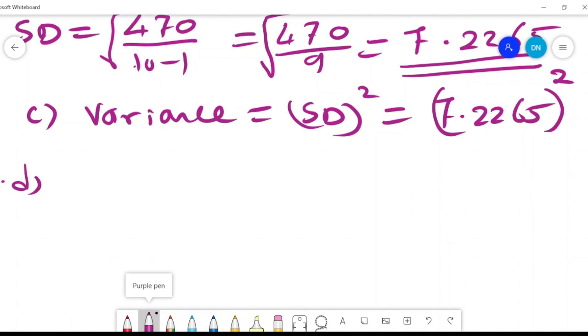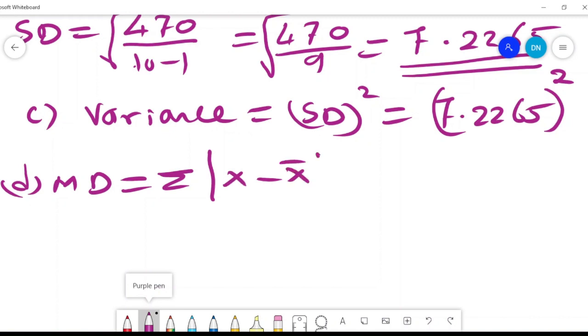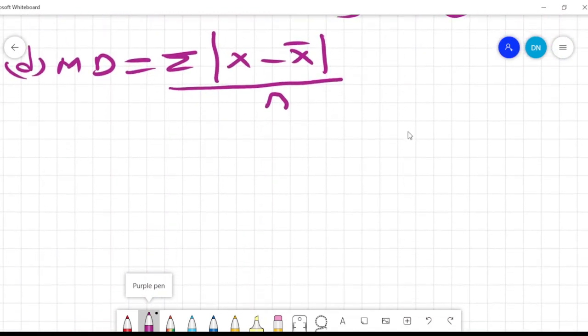And finally we have what we call the mean deviation, which is given by the summation of the absolute value of x minus x bar, divided by n. So we are getting the absolute value of each one of them.